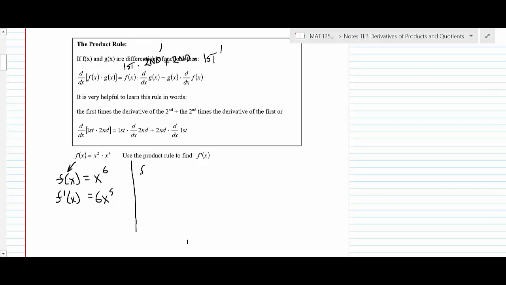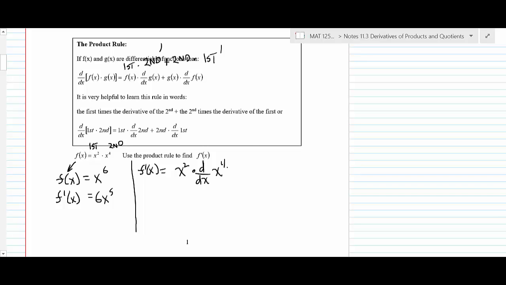Okay, so if we're doing the product rule on this, the first is x squared. The second function is x to the 4th. So according to the product rule, you would just write down the first. Don't touch it, just write it down. Then you would multiply by the derivative of the second. It's a good idea to learn to write that as d dx of that.